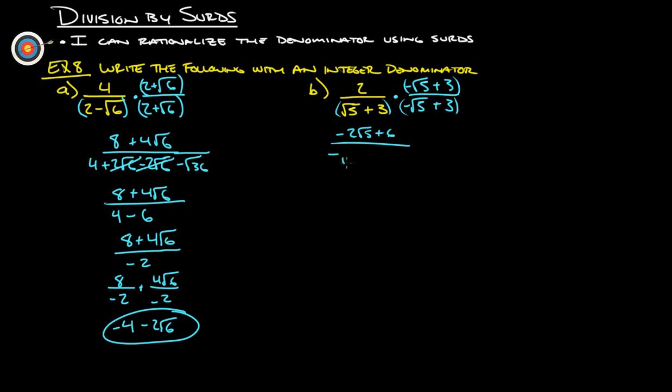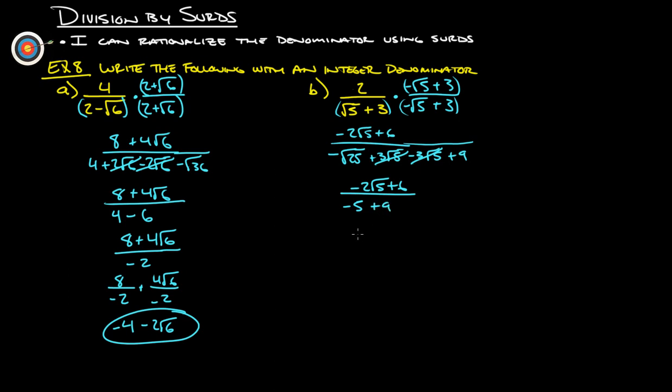On the bottom, negative times a positive is negative, and root 5 times root 5 is root 25, which is negative 5. Root 5 times 3 is 3 root 5, and 3 times negative root 5 is negative 3 root 5. Then 3 times 3 is 9. On the top we have negative 2 root 5 plus 6. On the bottom, the 3 root 5 and negative 3 root 5 cancel each other out, and negative 5 plus 9 is 4.